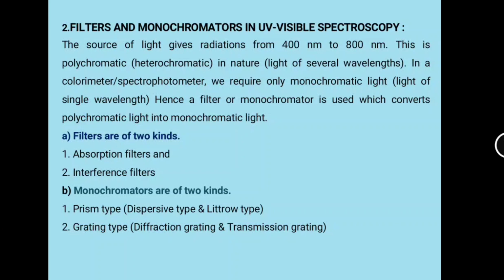Hence, a single wavelength is used for the absorbance of the sample. Hence, a filter or monochromator is used which converts polychromatic light into monochromatic light. Two kinds of filters are used: absorption filters and interference filters. Monochromators are of two kinds: prism type and grating type.